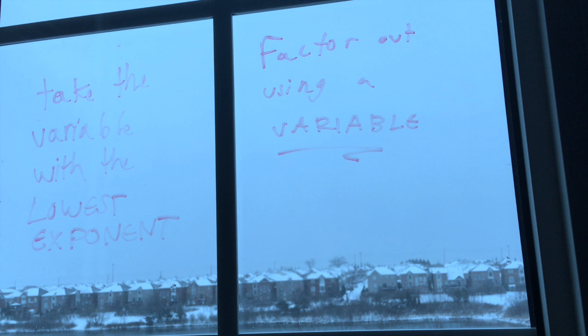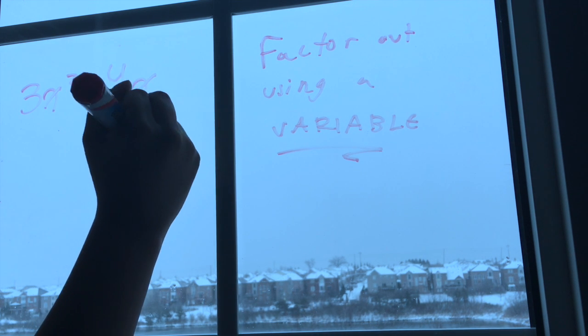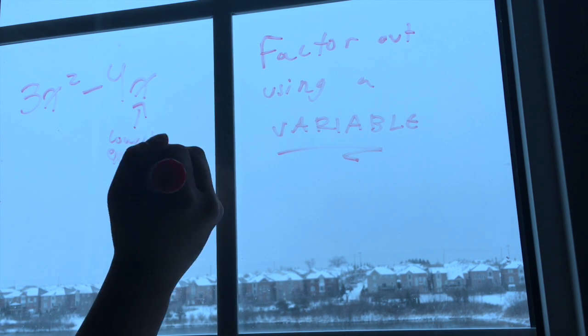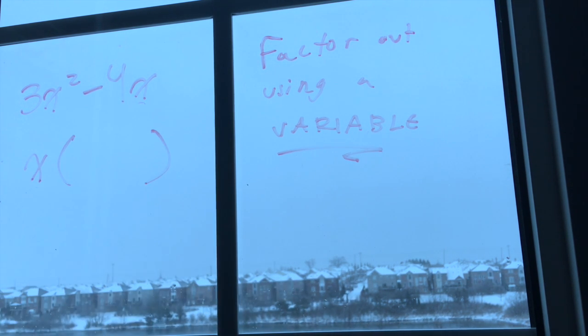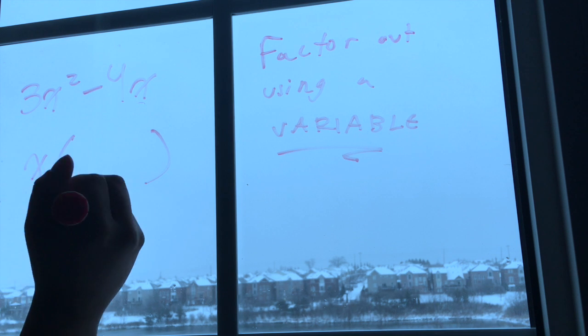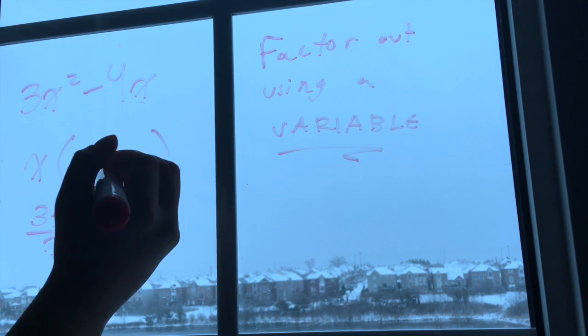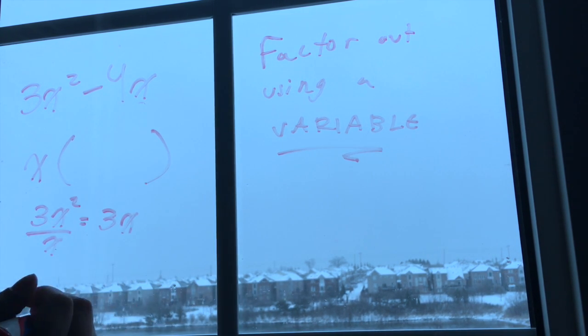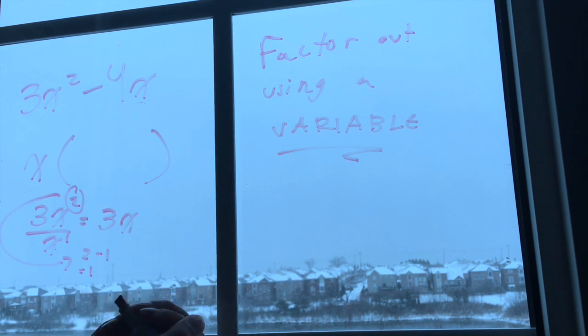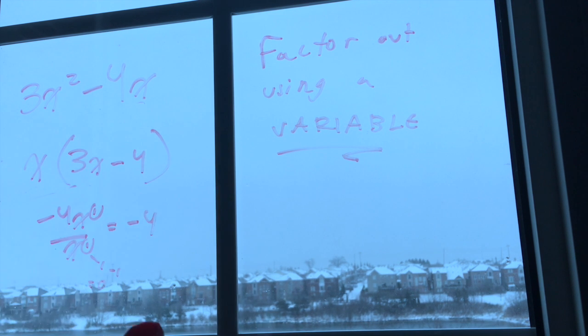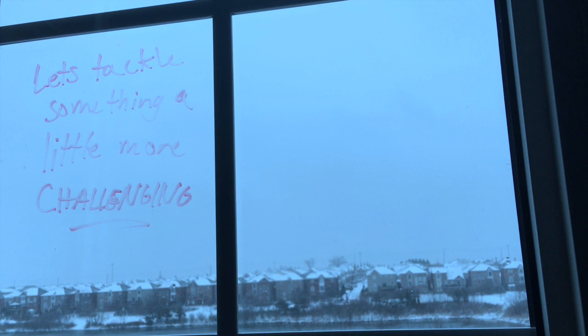So look at the x and choose the one with the lowest exponent. In this case, it's the x with the exponent of 1. So that's going to be our GCF that we put outside of the bracket. And we just do the same thing by dividing that GCF by the terms in the expression. And 3x squared divided by x is 3x.